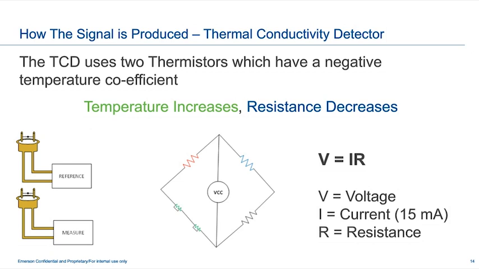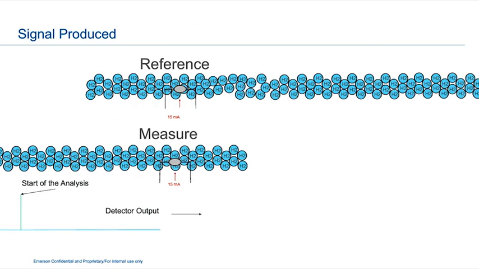So here's an animation that we have. In this particular example, hydrogen is the carrier, and then we'll see it come across the screen shortly, methane. And so again, it's the mixture of methane and hydrogen coming together that will cause a lower thermal conductivity to go against the thermistor on the measure side.